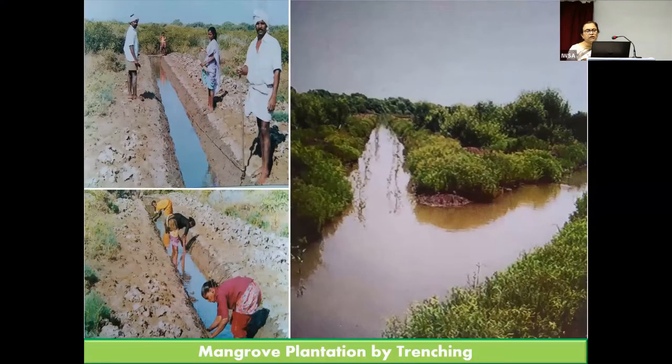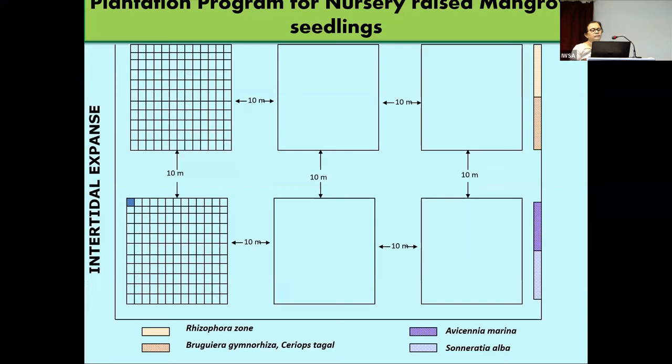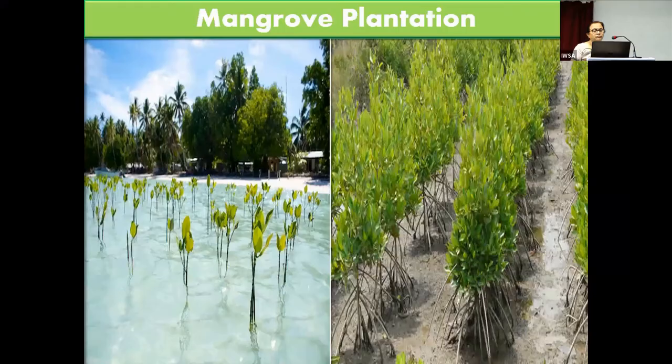This is one of the examples from Tamil Nadu, where they have formed the trenches and the plantation is carried out. Interior expanse of the plantation program along with nursery-raised mangrove seedlings. This particular figure indicates various zones as per the succession. And now we have the Rhizophora plantation as a green belt along the coastline.